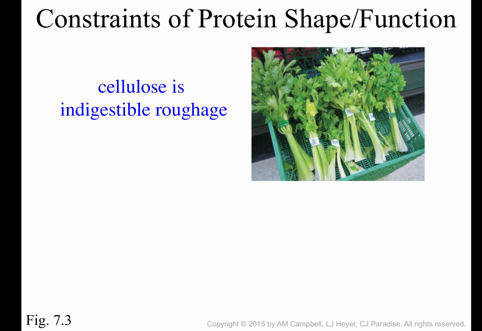Wood is mostly cellulose. So if you are crunching through celery and you feel those hard, stringy bits, you cannot digest those. You cannot take apart those bonds and use them for food. So they are indigestible and they help you poop.